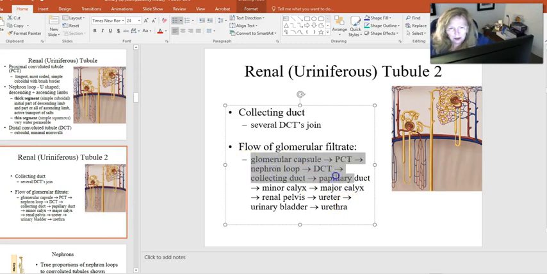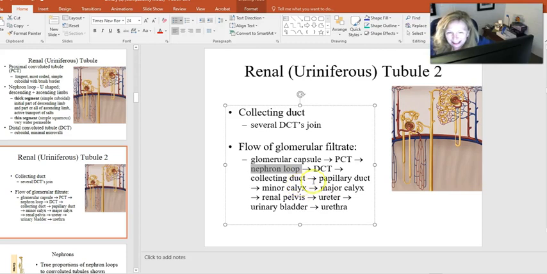So the flow of the filtrate, as they're calling it, happens this way. The first filtration is happening in the glomerulus. That filtrate moves into the proximal convoluted tubule, through this loop, to the distal convoluted tubule. You can follow my mouse. This is a distal one, until eventually the collecting duct, which is this, with many nephrons attached to the collecting ducts, water being reclaimed the whole time.